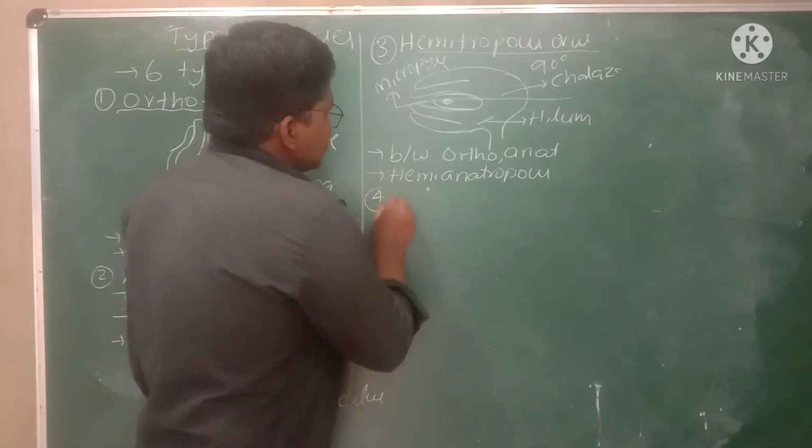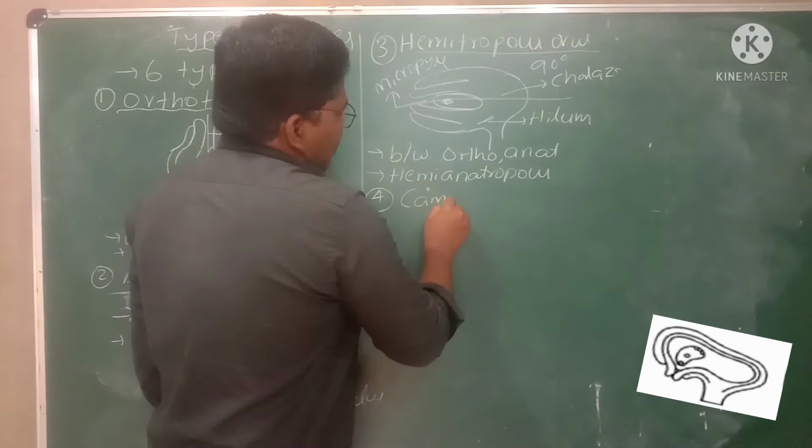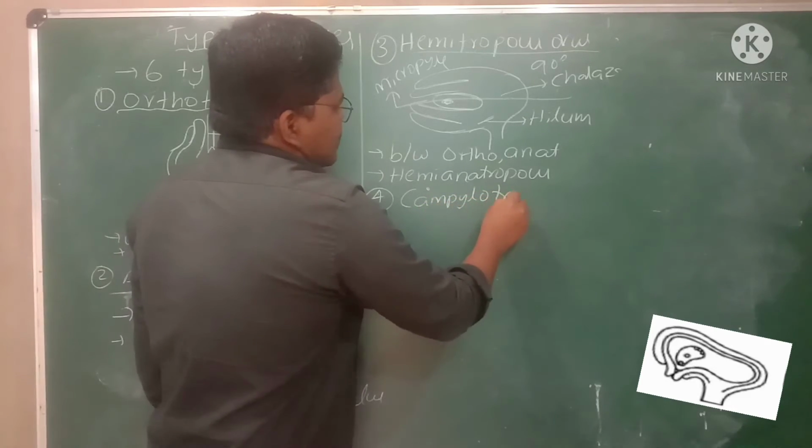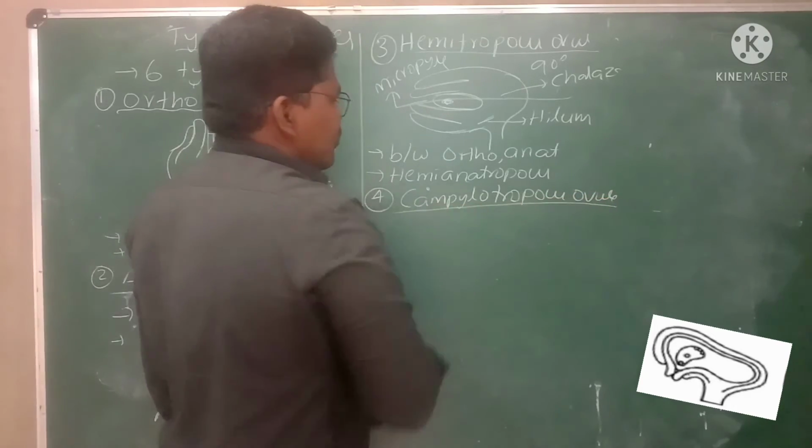Next, the fourth one is campylotropous ovule.